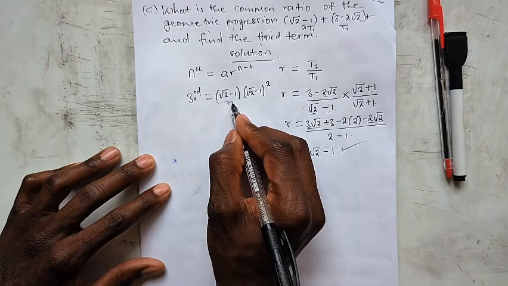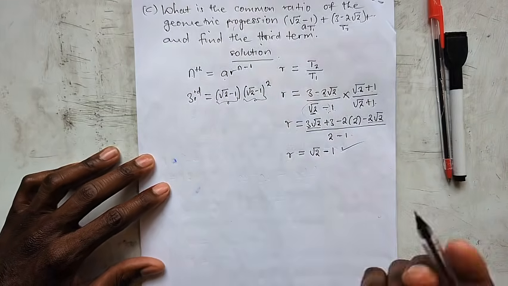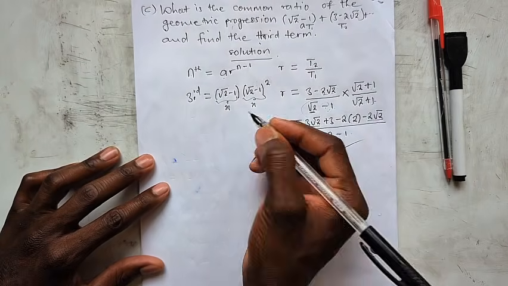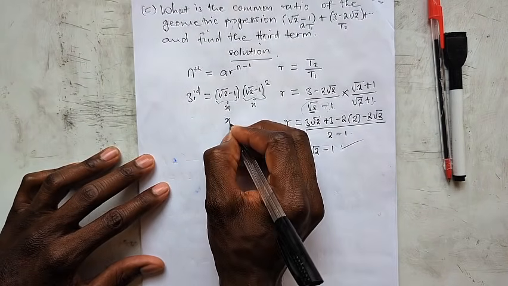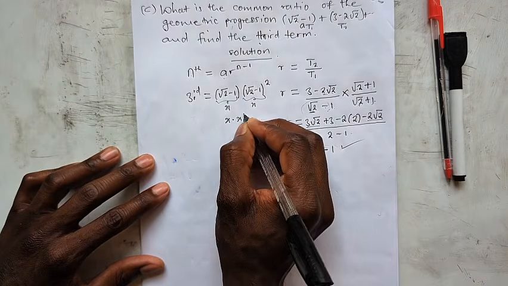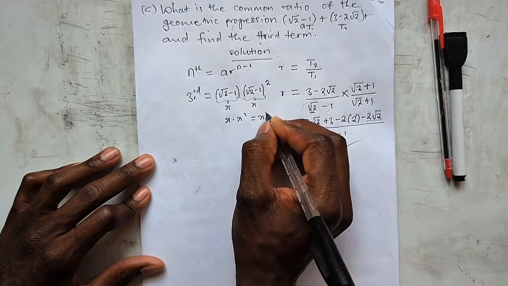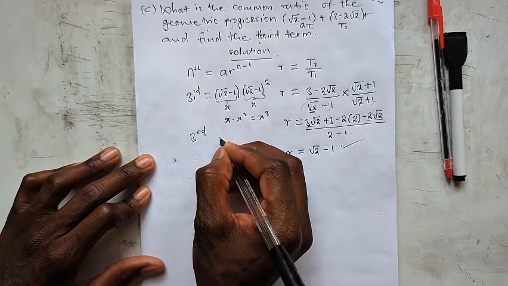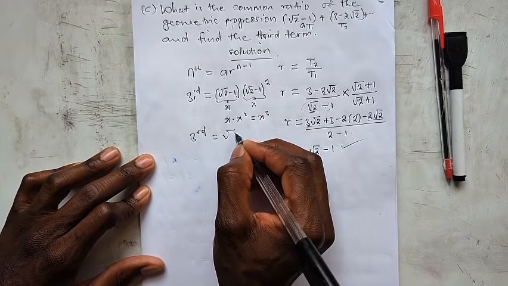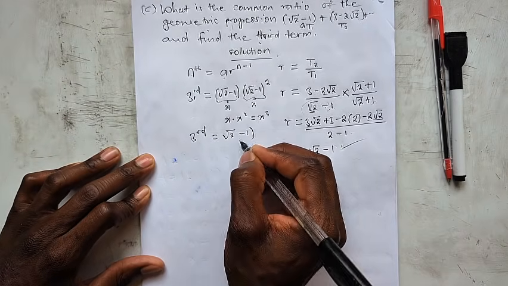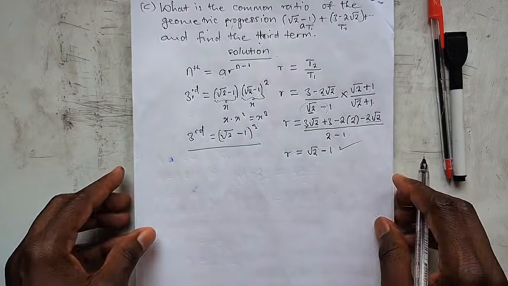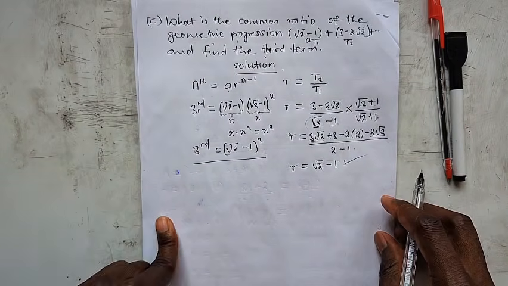If you check, these two are just the same. If this is x and that is also x, then we are multiplying x by x squared, which is going to be x to the power of 3. The same applies here. Our third term will be square root of 2 minus 1 to the power of 3. This is the third term these people wanted.